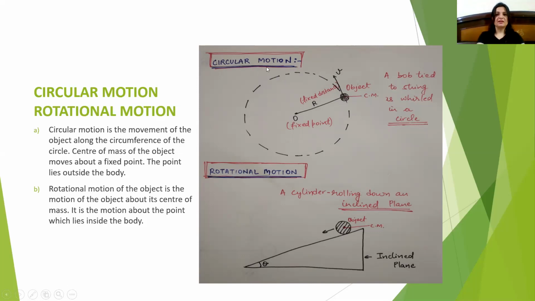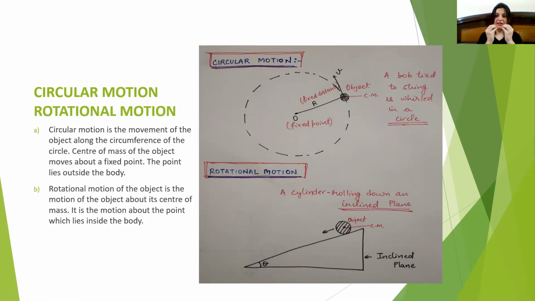Okay. Second is rotational motion. Here we have taken an inclined plane. We can see a cylinder rolling down an inclined plane. So this cylinder is rolling down an inclined plane. It is moving about its own center of mass. The rotational motion of the object is the motion of the object about its center of mass.